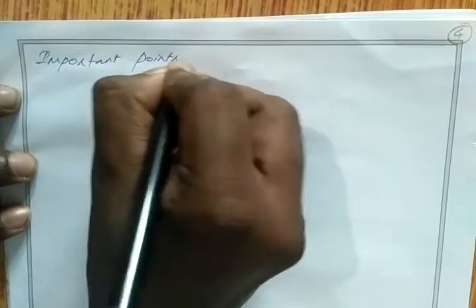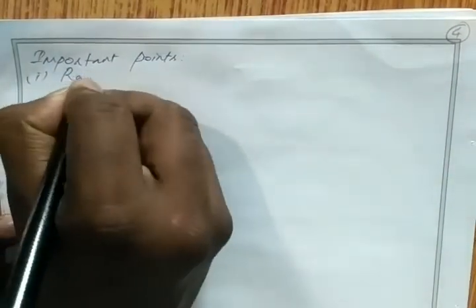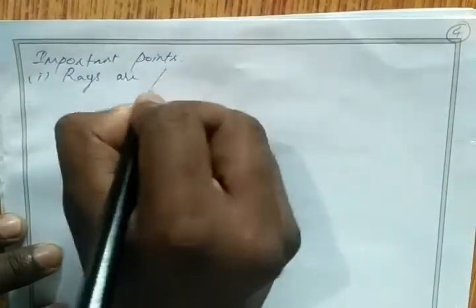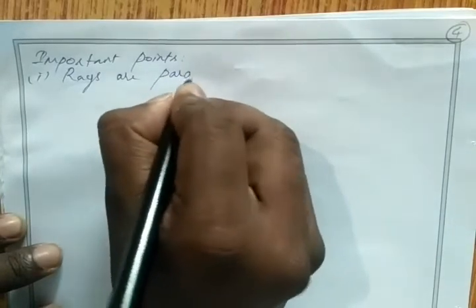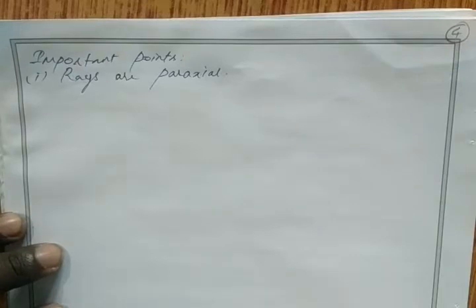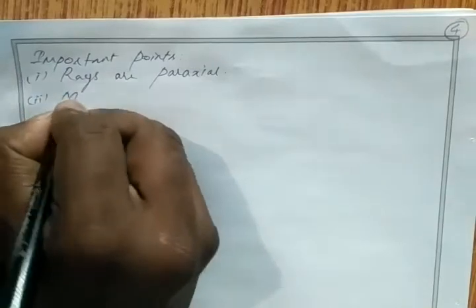Clear? We have to note down some important points before going to solve the problem. The first point, note down: rays are paraxial. Paraxial means the angle between two rays is very low, so we take sin theta equal to tan theta, which is equal to theta. Second, the medium on both sides of the slab should be the same.